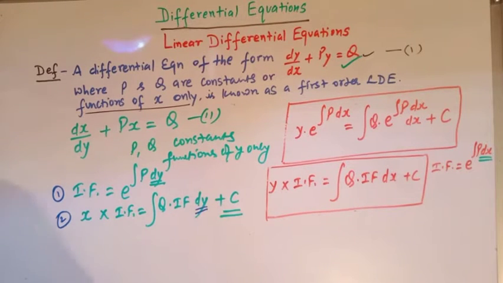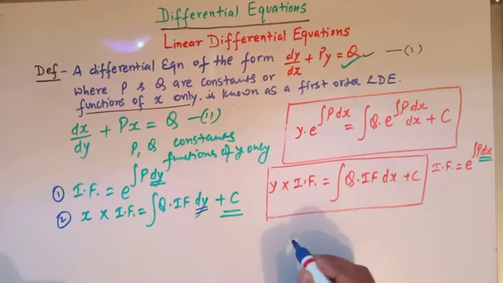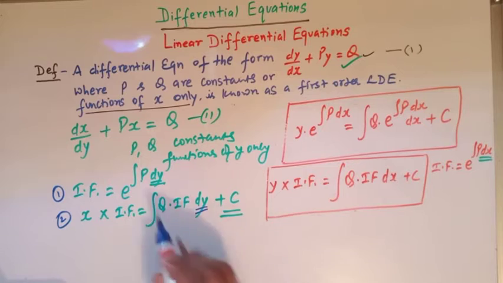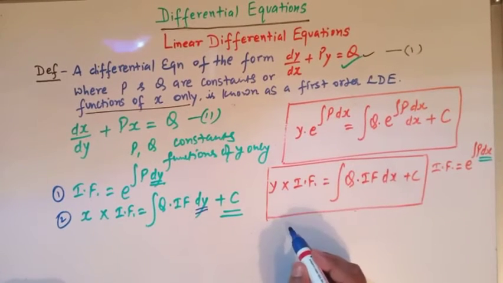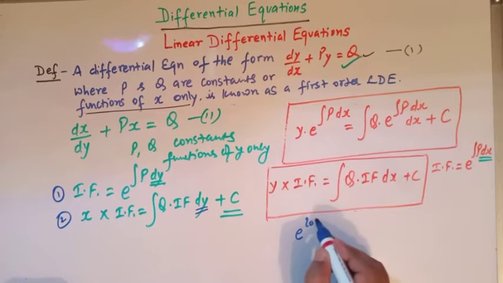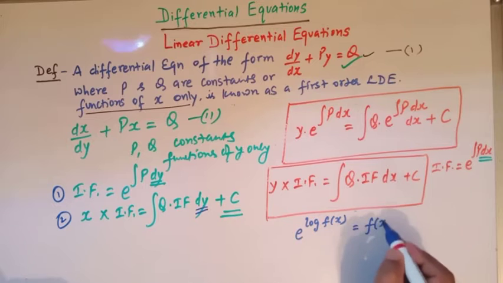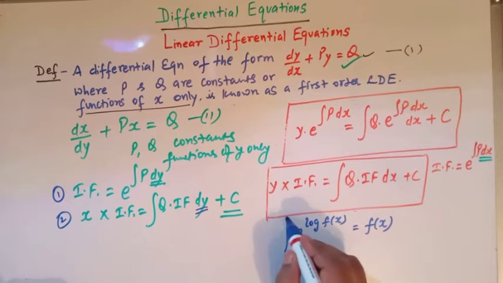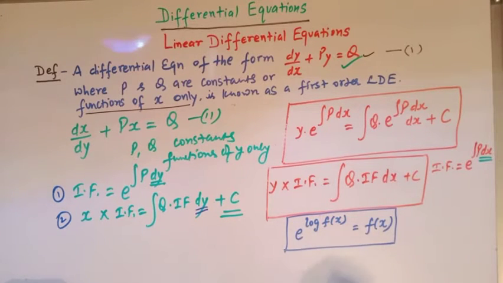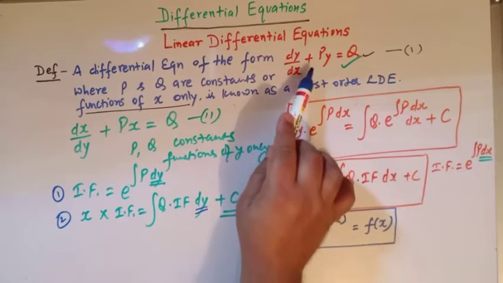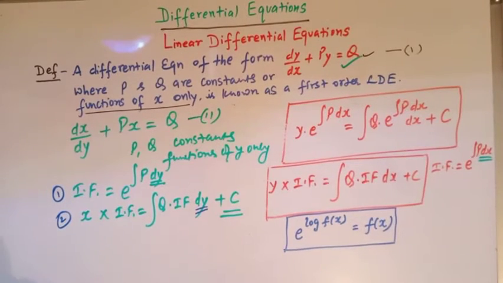Clear? Now viewers, here I would like to mention one more thing: we have to remember one important property of the exponential function, which is e raised to log of f of x is equal to f of x. Clear? So always remember this property, because we are going to use it while solving problems based on these two types of linear differential equations.